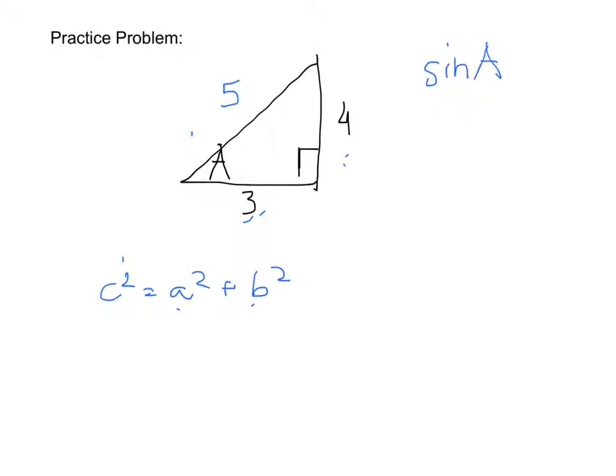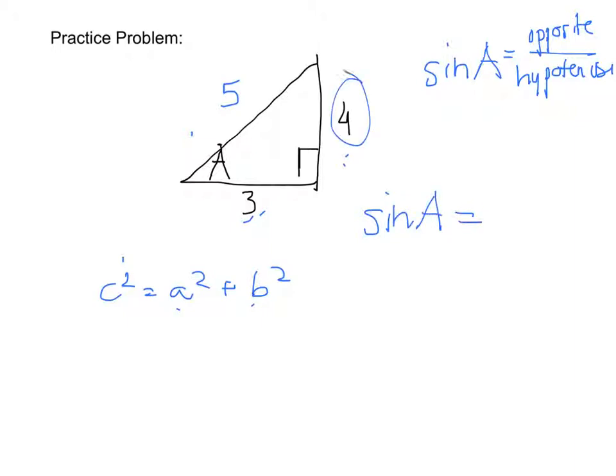So we know that sine is going to be opposite over hypotenuse, and since we now have the hypotenuse, we can just plug in our values. So sine of A is going to equal 4, because it is opposite of the angle, over 5. So that's your value.